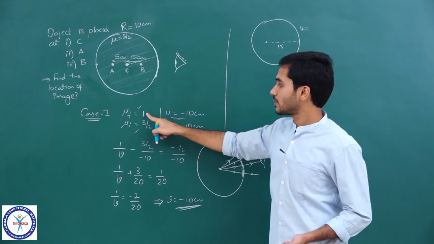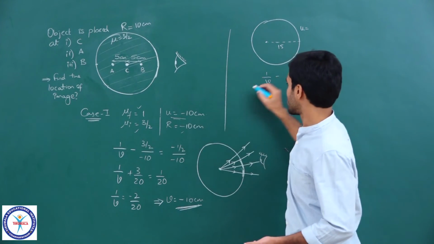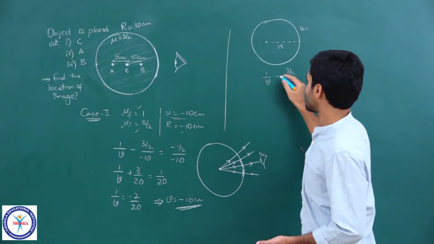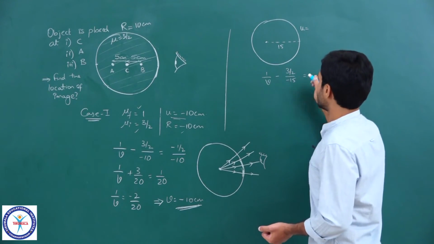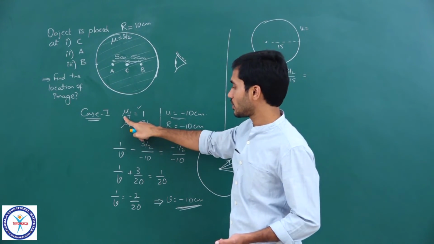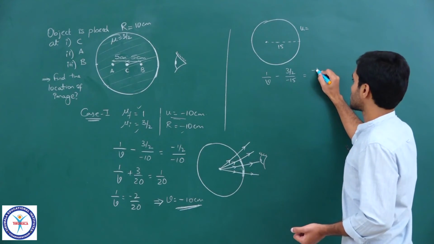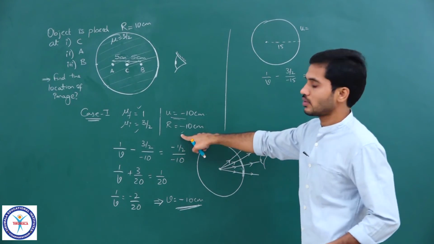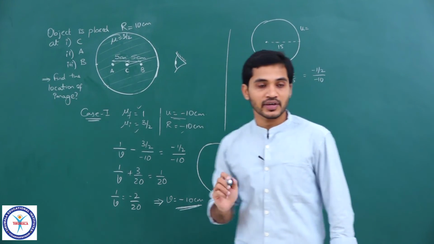So, mu final over v minus mu initial, 3 by 2, over u, which is minus 15, is equal to mu final minus mu initial, 1 minus 3 by 2, which is minus 1 by 2, divided by R. What is R? Minus 10. So, we will have to simplify this.